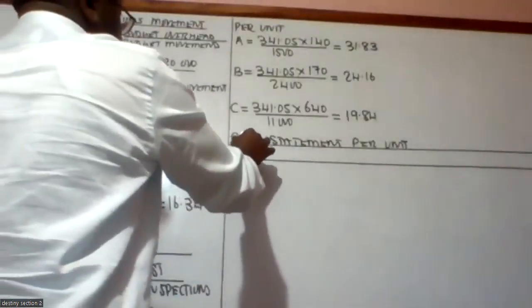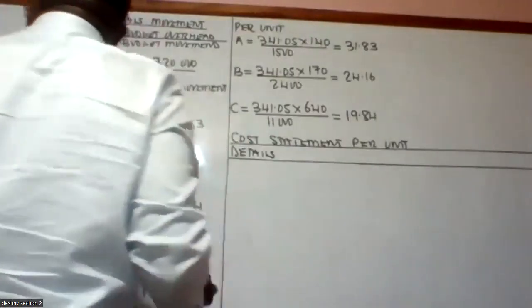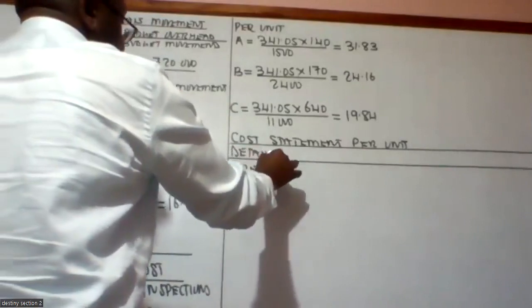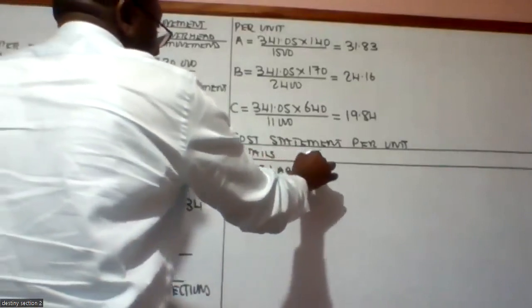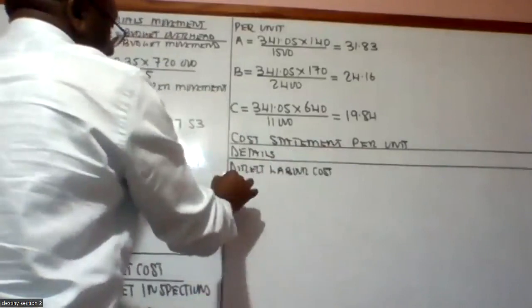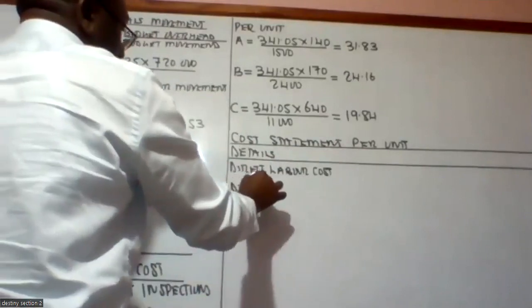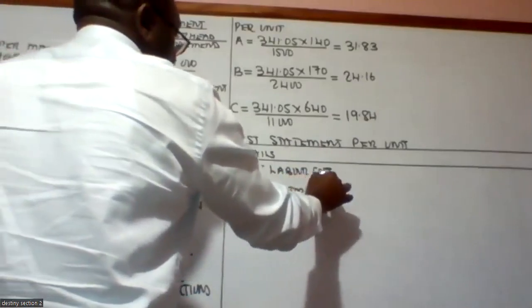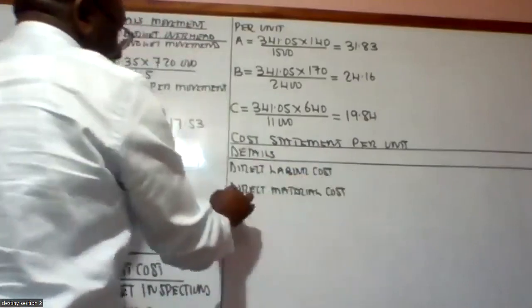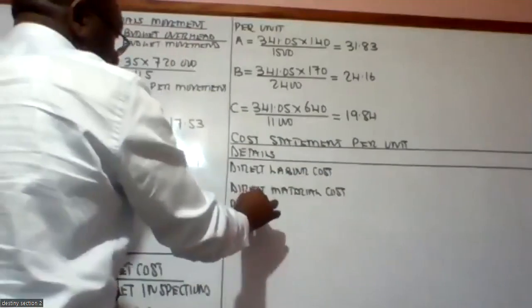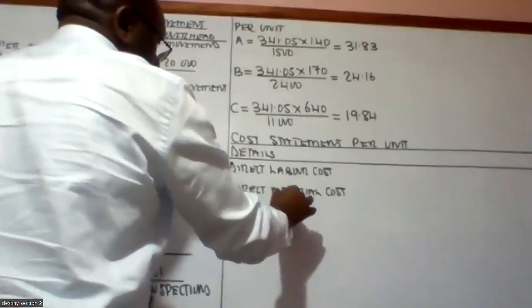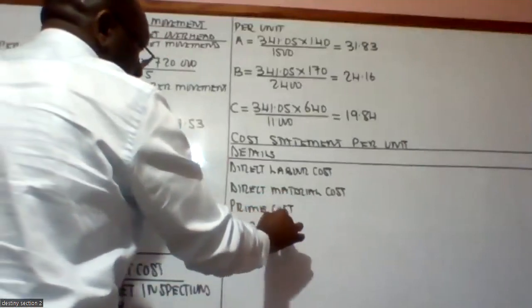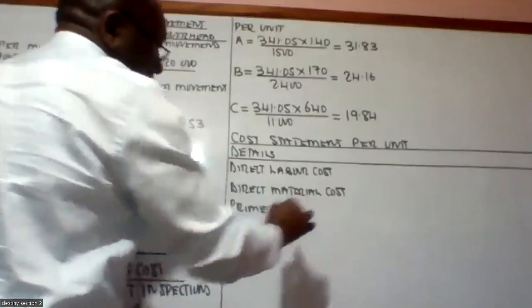So we have details. We have direct material, direct labor costs. We have prime costs. We have overhead costs.